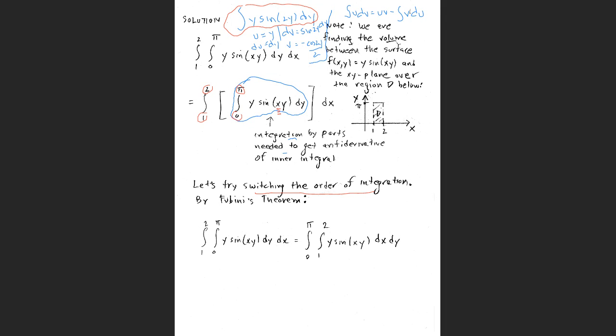So the double integral, where the order of integration is dy dx, would equal the double integral where the order of integration is dx dy. So I'm saying let's try to integrate with respect to x first and then y and see if that's a little bit easier. You see what I mean?